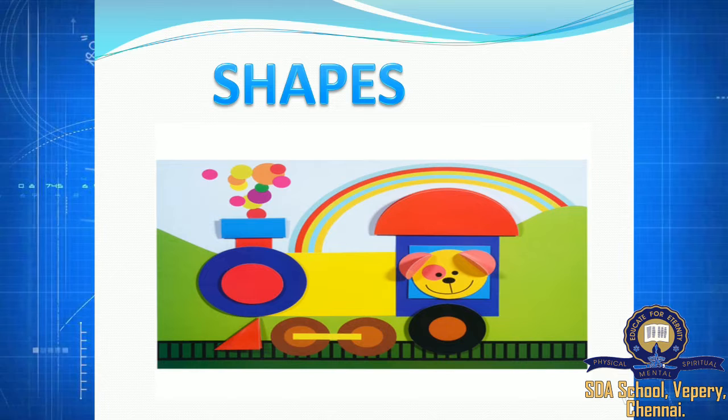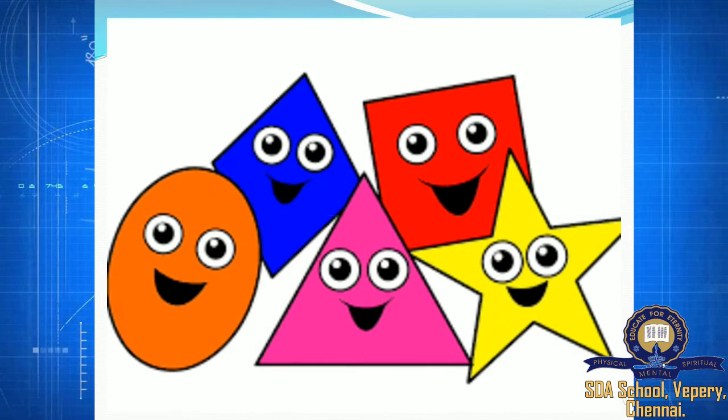The first part of the chapter is basic shapes, or 2D shapes. Can you name some shapes? Okay, let's start the class. First is square.